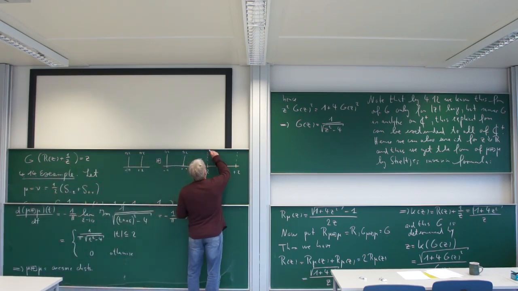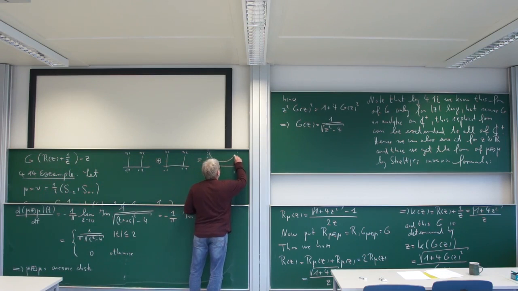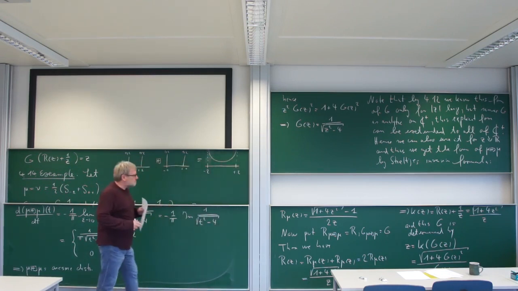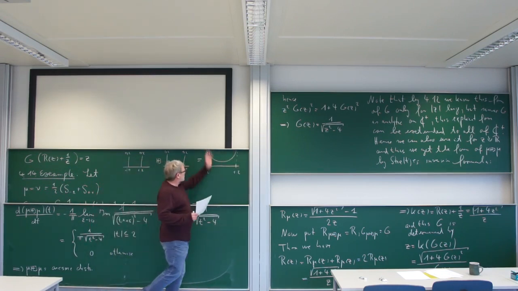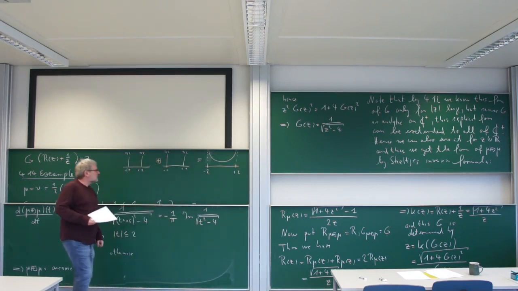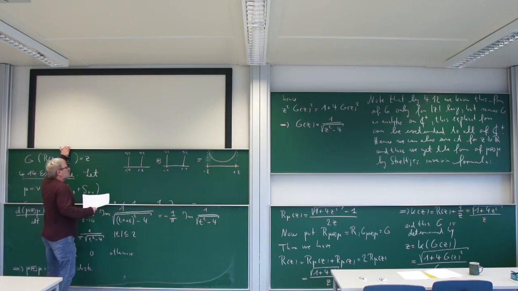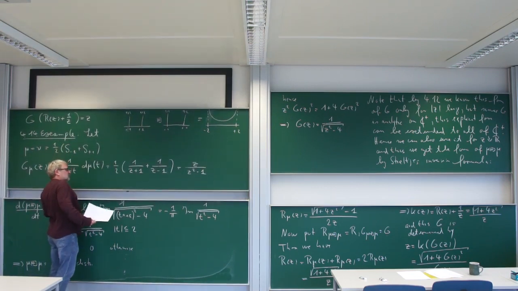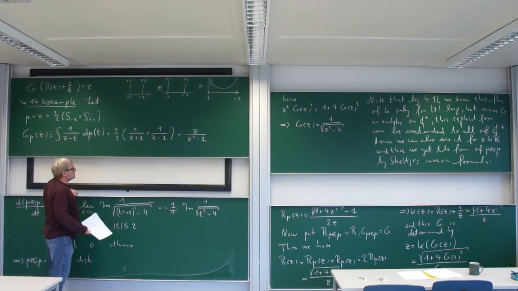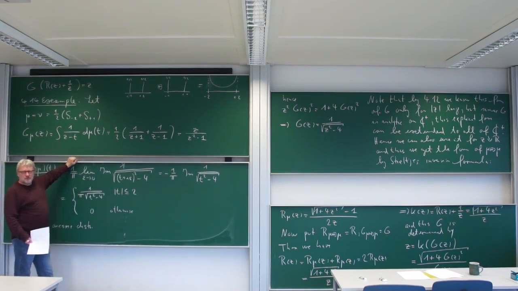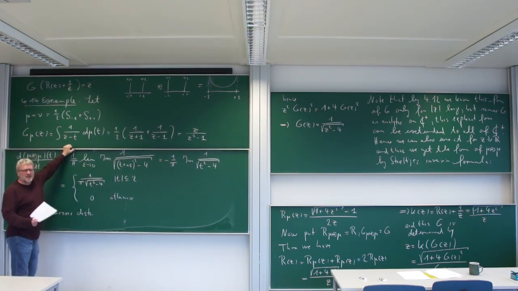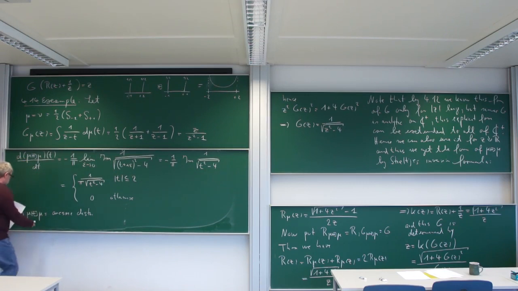So it really looks something like this. So here it goes to infinity, but there's no atom. So it's really a continuous density. Good. And this shows us that free convolution behaves maybe in strange ways compared to the classical convolution.